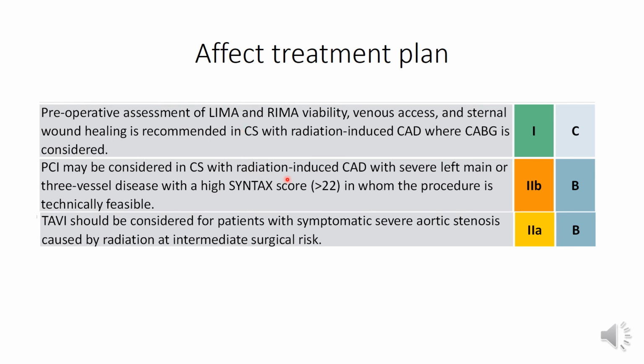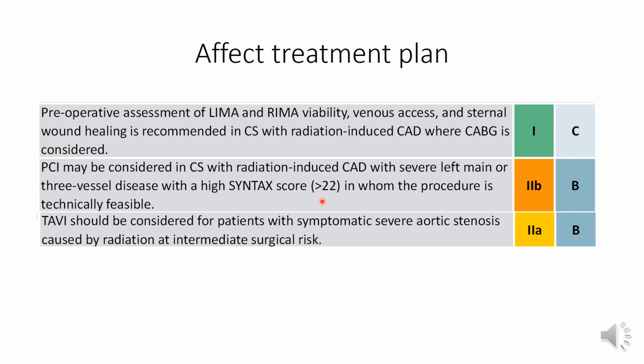And so we can consider a percutaneous strategy with PCI rather than CABG in such a group of patients, even if this patient has a high SYNTAX score. Because on the other hand, this patient has a very high surgical risk.